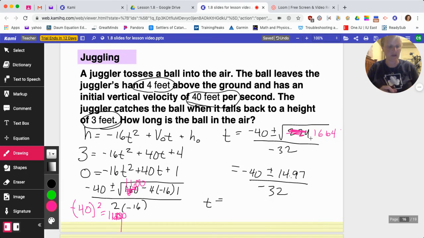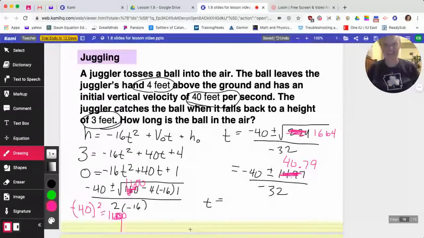Okay, square root of 1664 is 40.79. So negative 40 plus 40.79, divide that by negative 32.